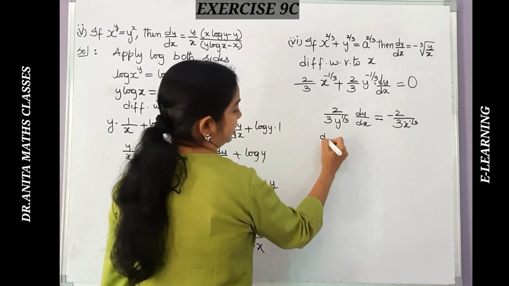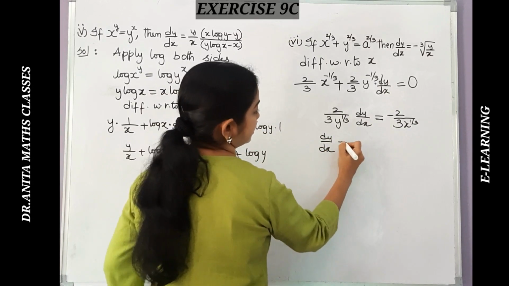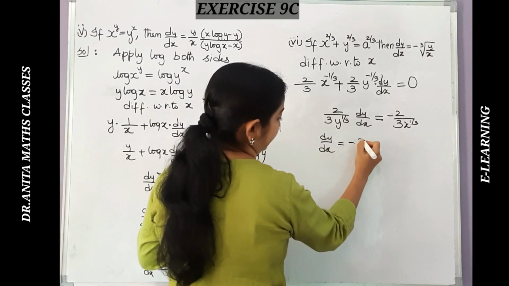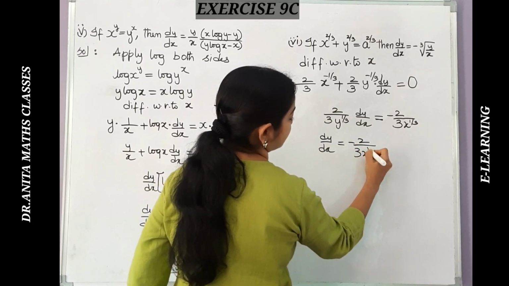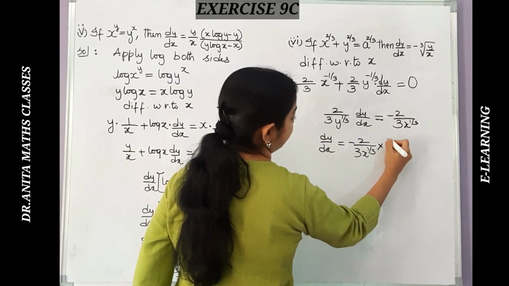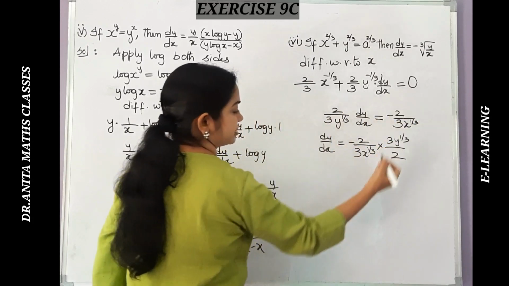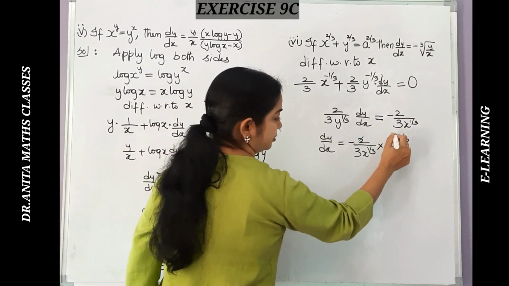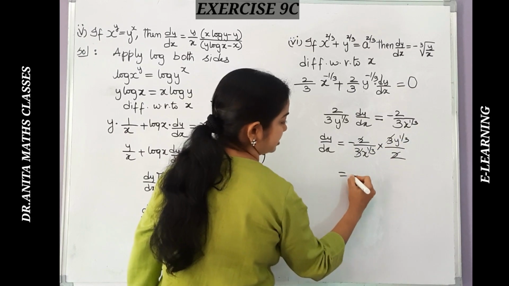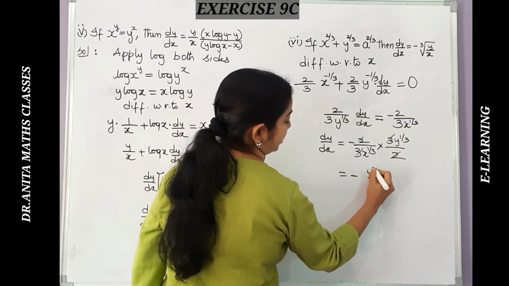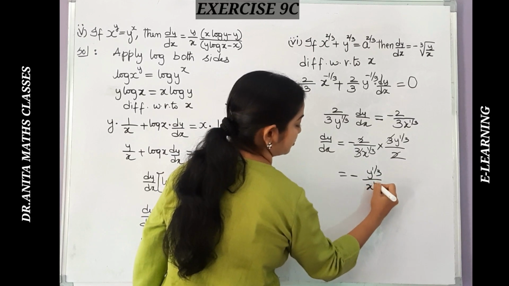Now dy by dx is equal to minus 2 by 3 x raised to the power of 1 by 3 multiplied by 3 y to the power of 1 by 3 by 2. This goes to the other side as a reciprocal. So you can cancel 2 and 2 and 3 and 3, so minus is left over: y raised to the power of 1 by 3 over x raised to the power of 1 by 3.